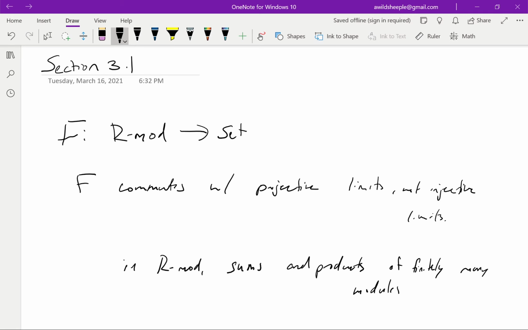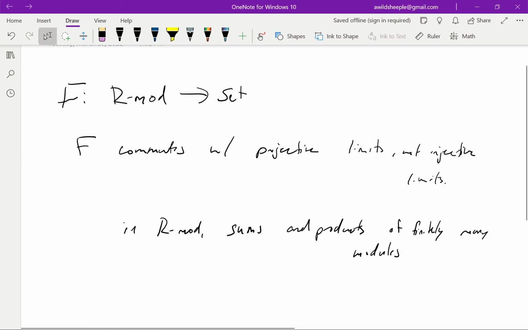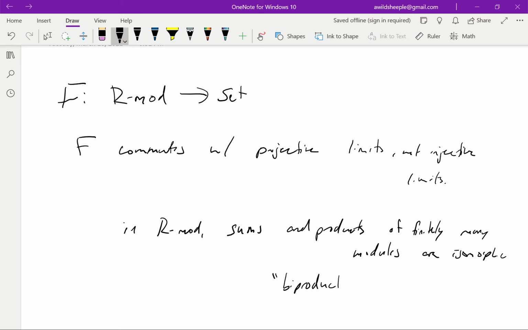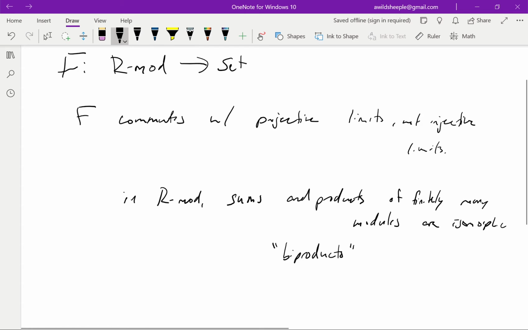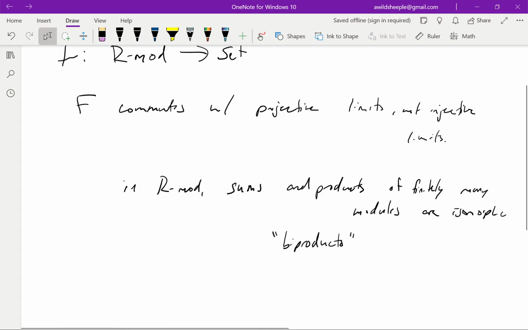Sometimes they call this byproducts, because mathematicians have a sense of humor and they went for a pun. So if I do this with sums and products, those are different limits. They're dual notions. But on the level of sets, the coproduct of sets is the disjoint union.